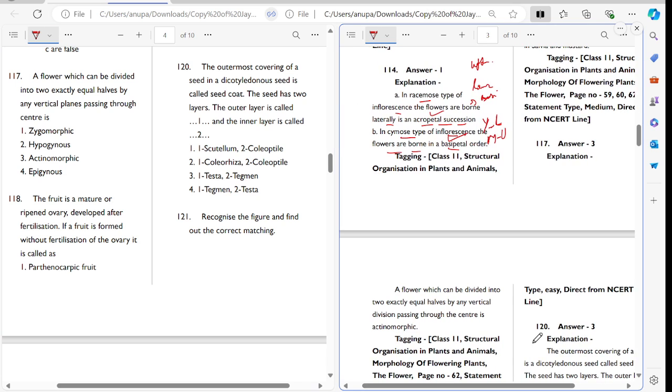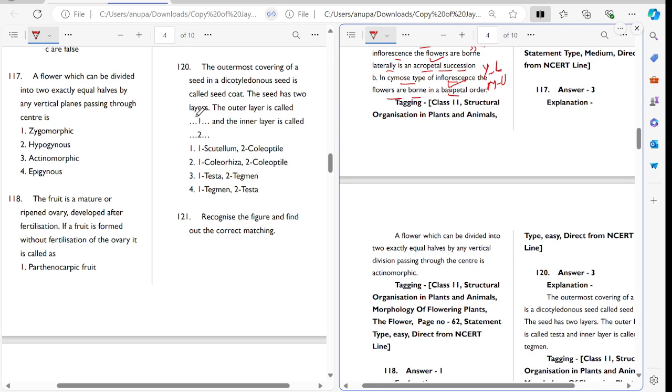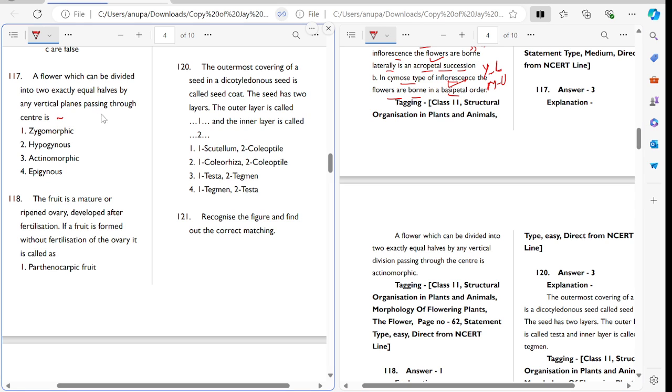Question number 117 states that a flower which can be divided into two exactly equal halves by any vertical plane passing through the center is. We have to find out what type of flower can be equally divided into two exactly equal halves. The options are zygomorphic, hypogynous, actinomorphic, and epigynous.